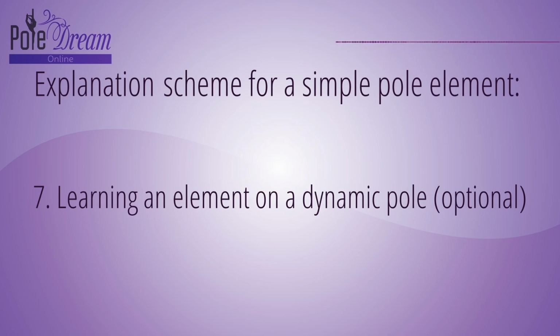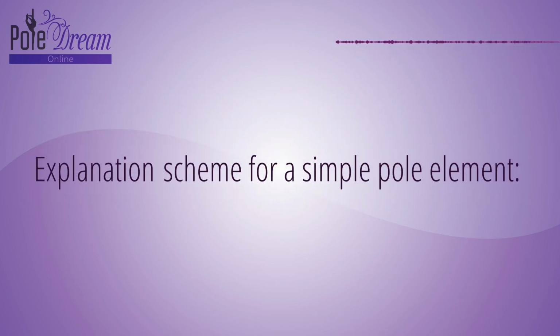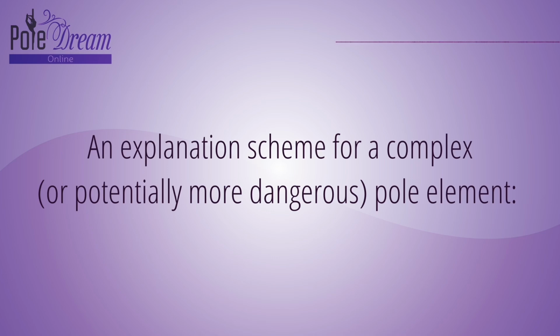Okay, and now let's go to an explanation scheme for the complex or potentially more dangerous pole element. So here I will not give an example right away. I will not explain it like this, there is a lot, but let's go through the points and then I will give you some examples.